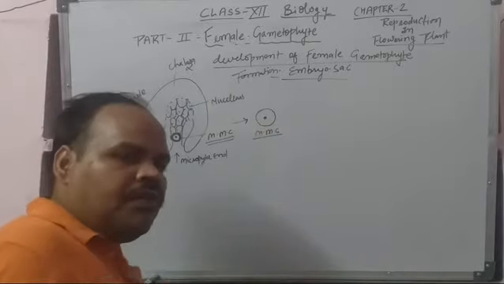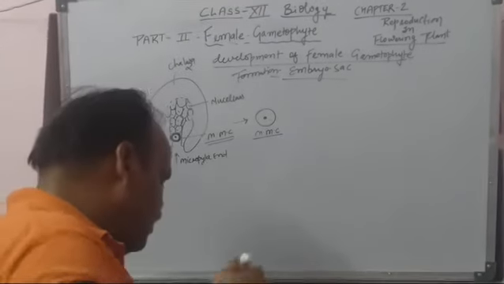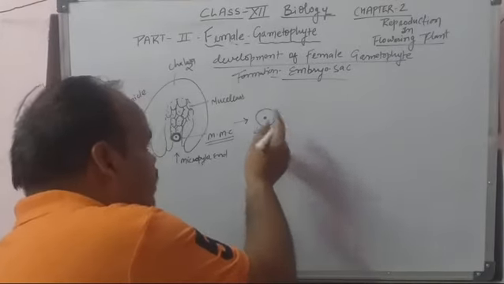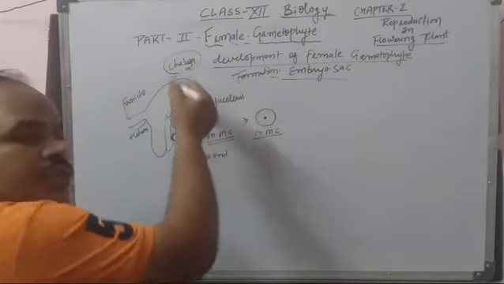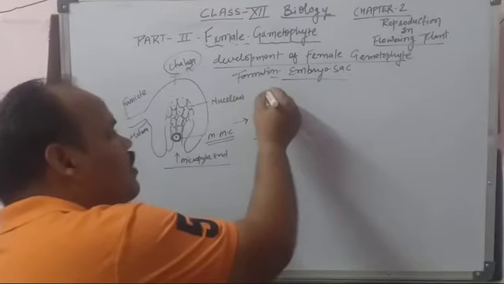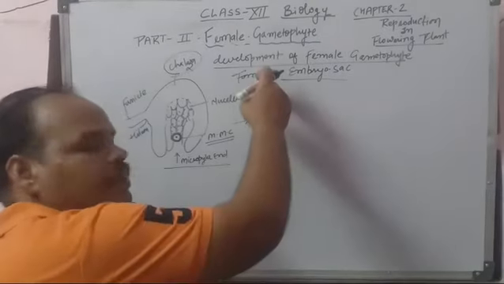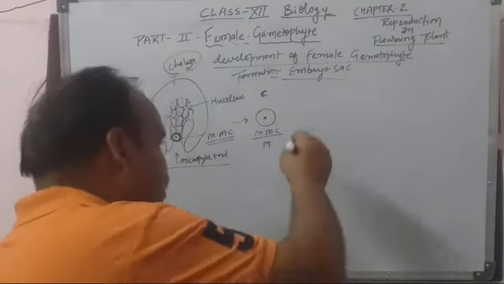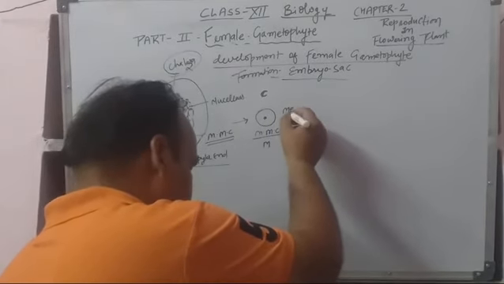Talking about the structure, there are the chalazal position and the micropylar end. So we take C and M here. It is the micropylar end and there is the chalaza end. So that has the meiotic division.